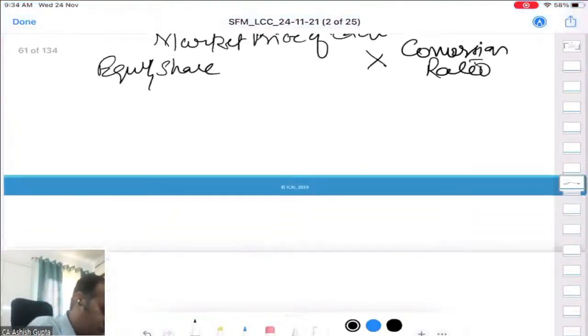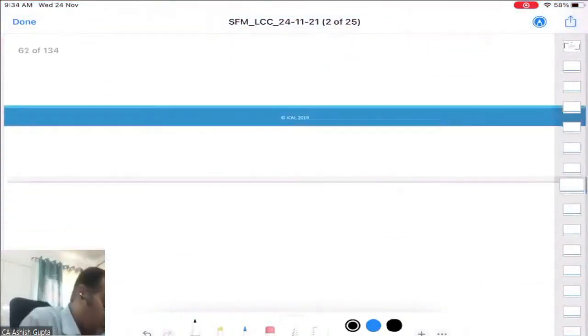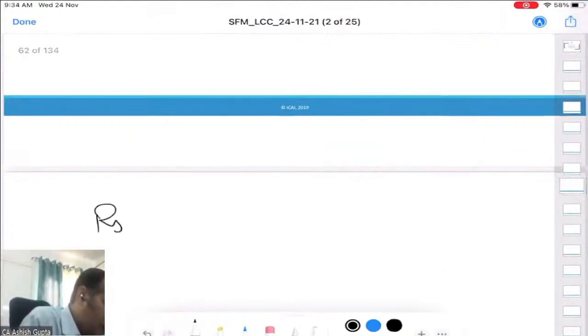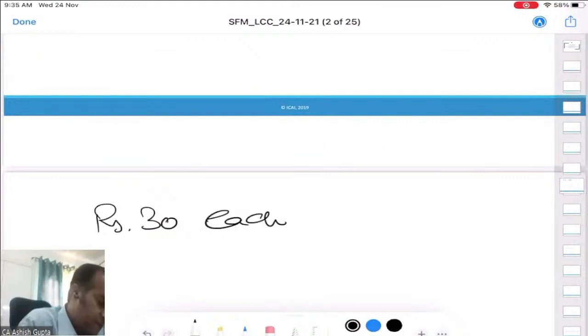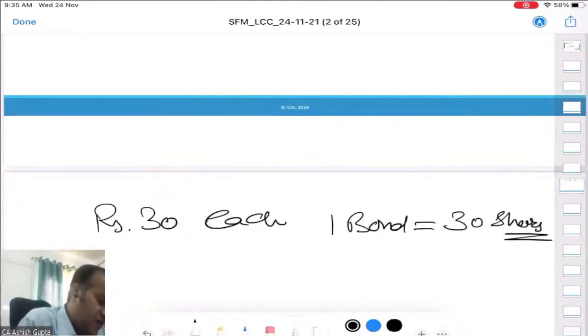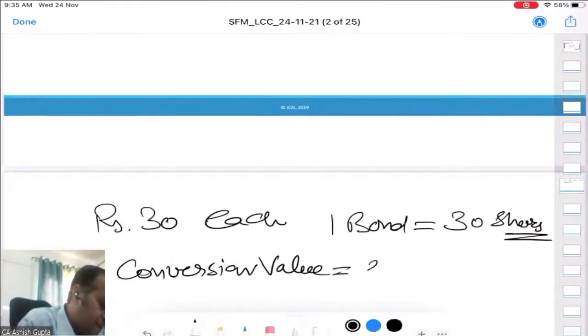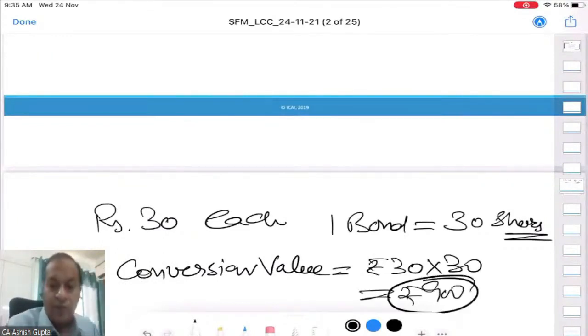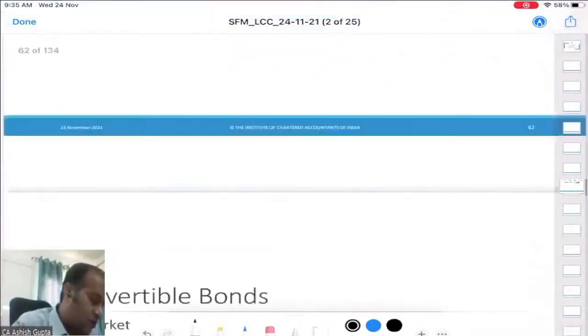Suppose the market price of an equity share is 30, and one bond is convertible into 30 equity shares. So the conversion value will simply be rupees 30 into 30, that is 900.